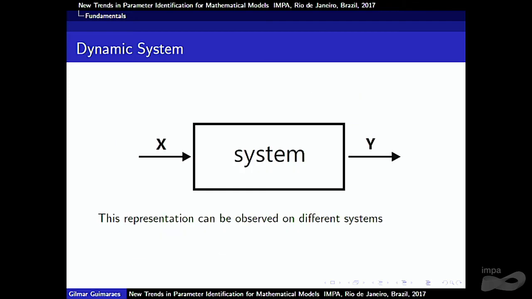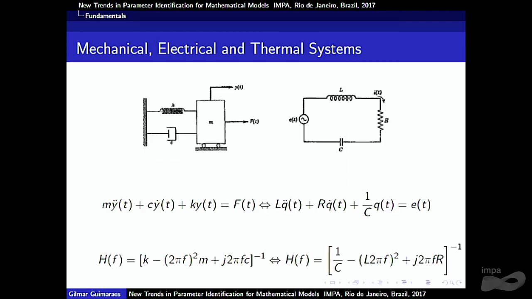This kind of dynamical system can be observed in so many different systems. For example, we can have a mechanical system, where you can put a force as an input and observe the displacement of the system.